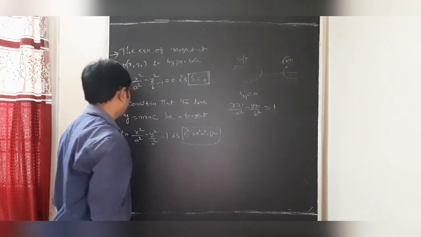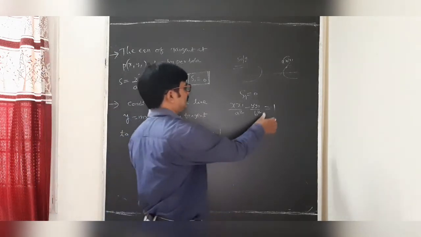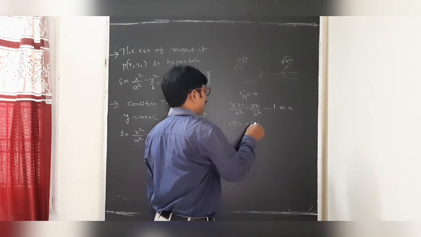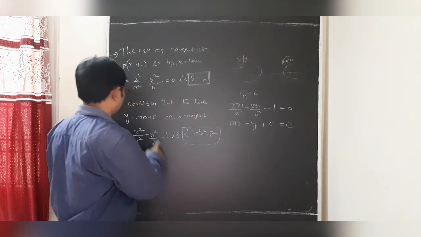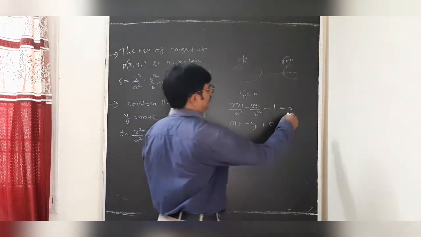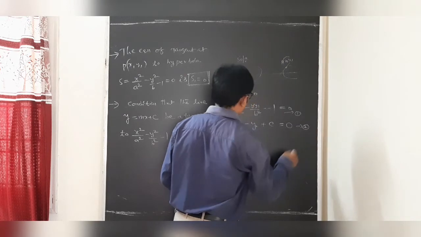And the given line is y equal to mx plus c, which we can write as mx minus y plus c equal to 0. These two equations represent the same line.